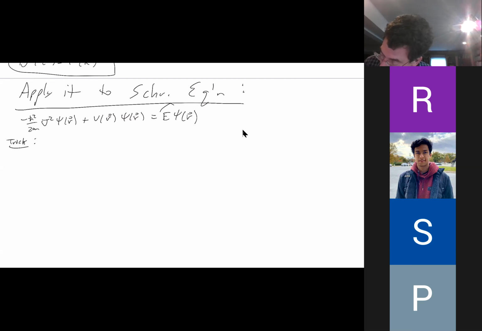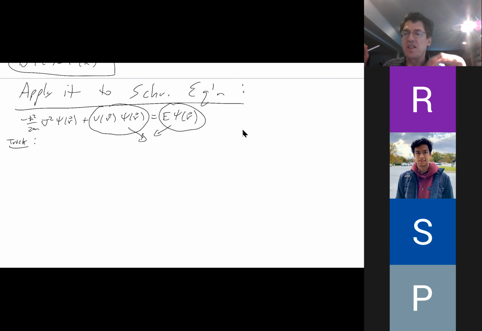We're gonna pull this guy over here, and we're gonna pull this guy over here. And this is convenient for scattering, because in a scattering problem, what is the source? What is the thing that's causing something to happen? The potential. Yes, the potential.